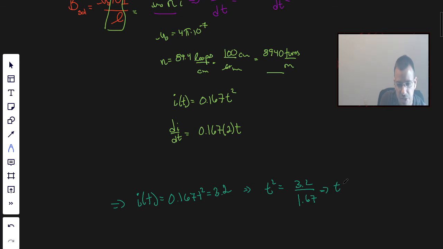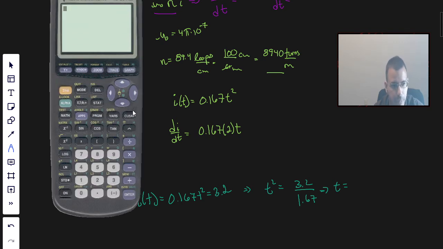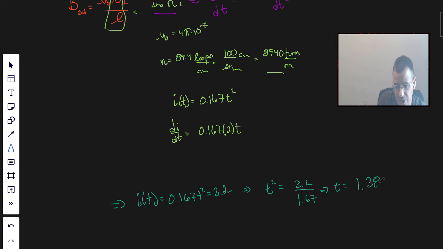Therefore, t is going to be the square root of that, but I'm going to write out the square root just because I don't like writing square roots. It's a personal animosity of mine. Square root of 3.2 over 1.67. So 3.2 over 1.67. This seems reasonable. And that gives us an answer of about 1.38 seconds. So this gives us our t now.